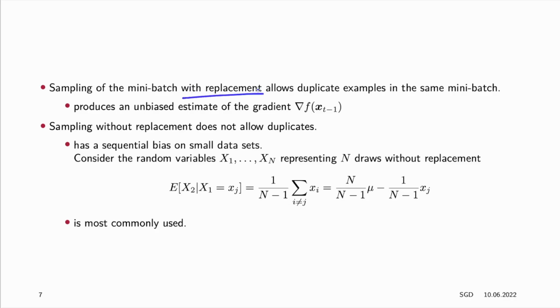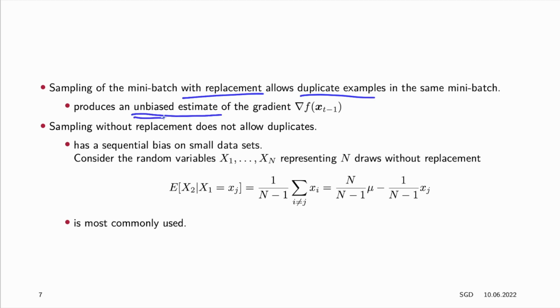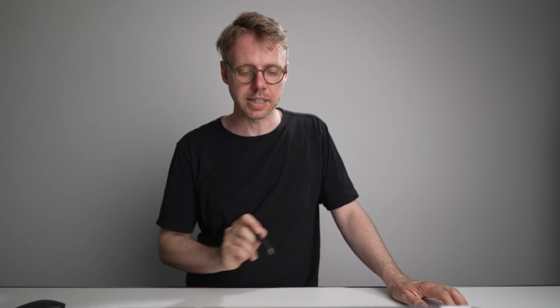If you're sampling with replacement, then you allow for duplicate examples either in the same mini-batch or in two mini-batches after each other. This comes with the downside that you may sample the same data point multiple times. However, it comes with the upside that it gives you an unbiased estimate of the gradient.